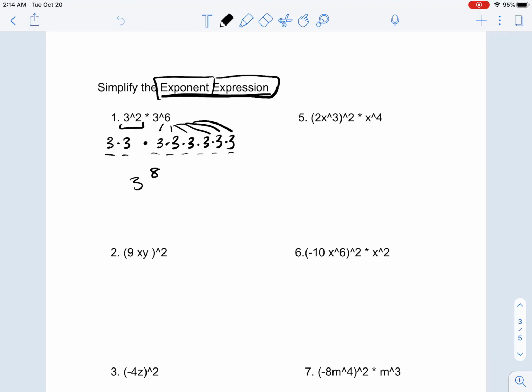And if you multiply all of them, this would equal 3 squared times 3 to the 6th power. And this would be your answer.